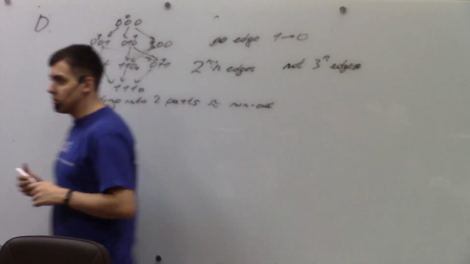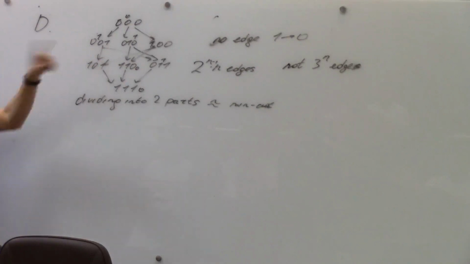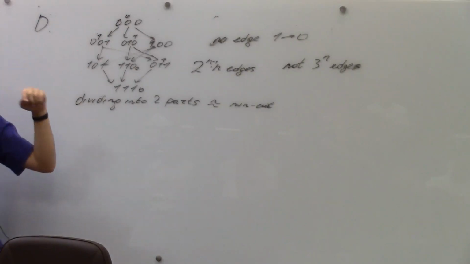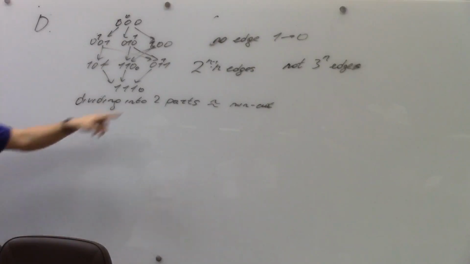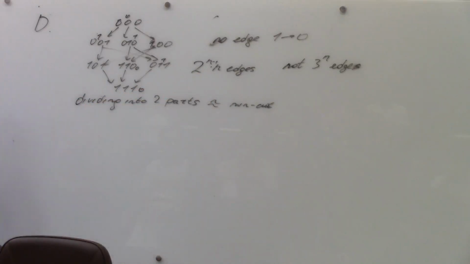Right, so we only draw edges from one binary vector to all binary vectors where we replace 0 by 1. We don't use all possible ways to replace zeros by ones. We only make 1, 0 into 1. So that's why there are 2 to the power of n minus 1 times n edges and not 3 to the power of n. Okay, so let's make all these edges infinite.